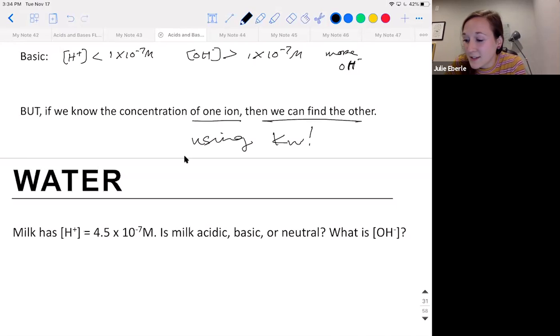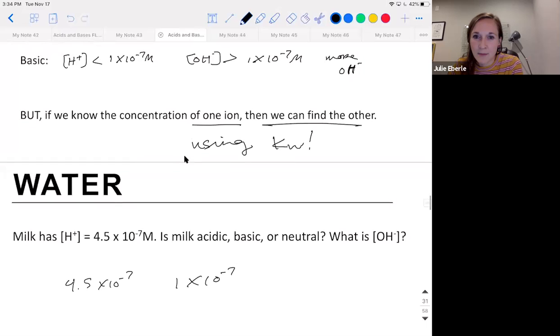Well, let's look at this. 4.5 times 10 to the minus 7. Is this greater than, less than, or equal to 1 times 10 to the minus 7? That's our key number here.